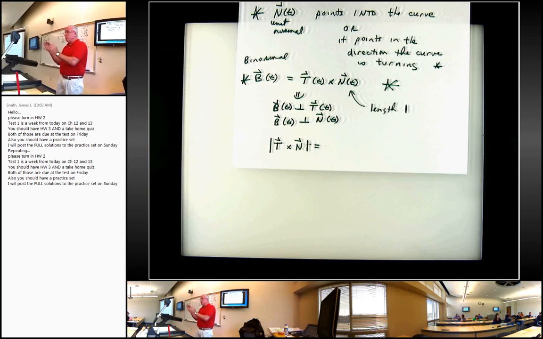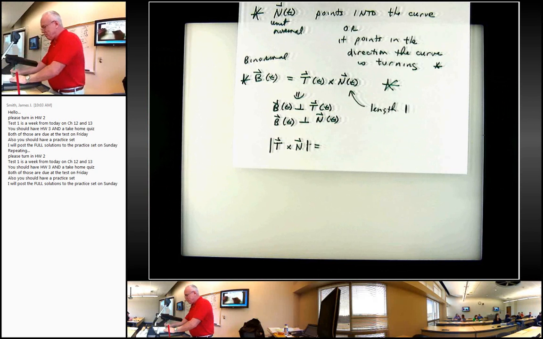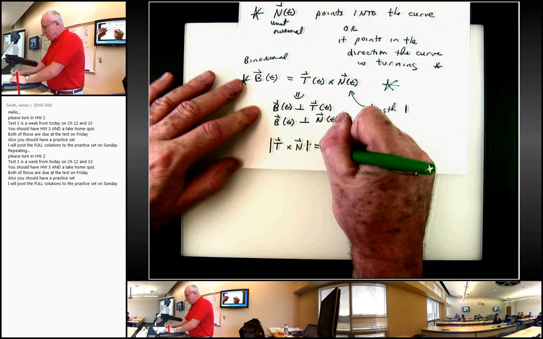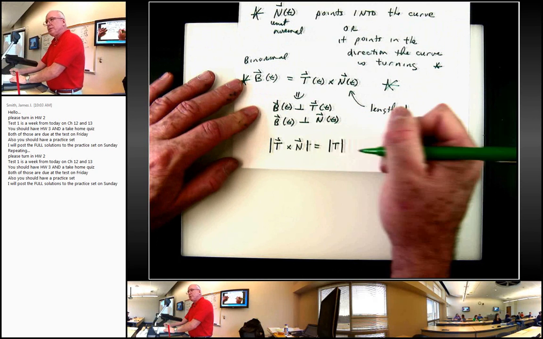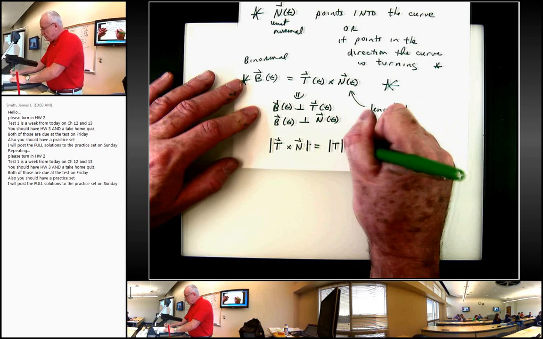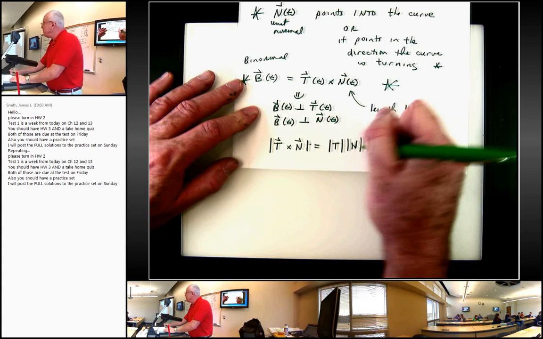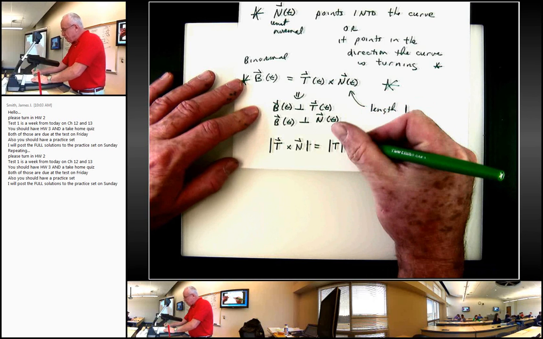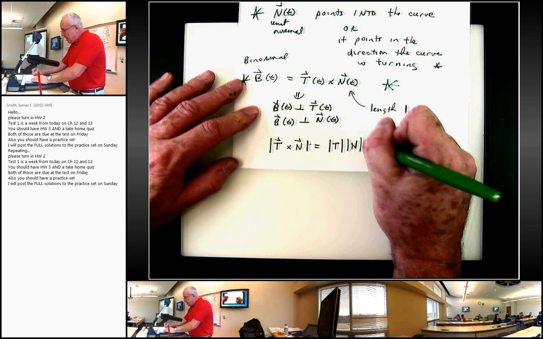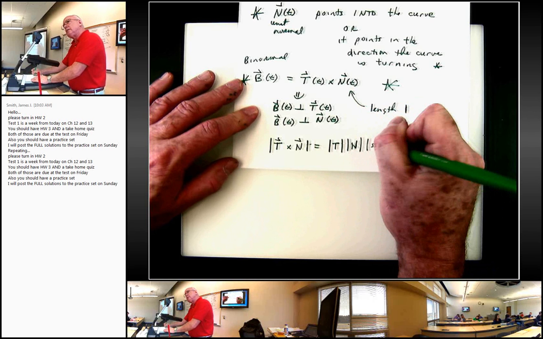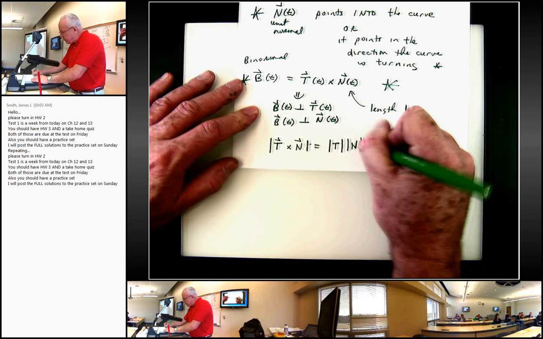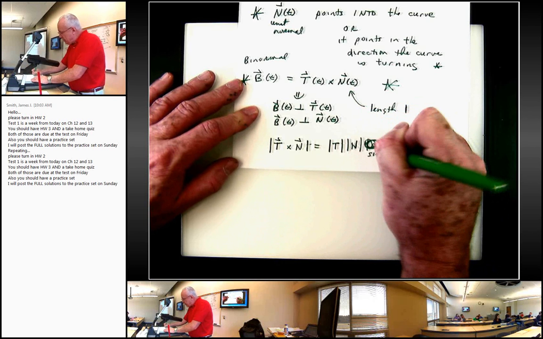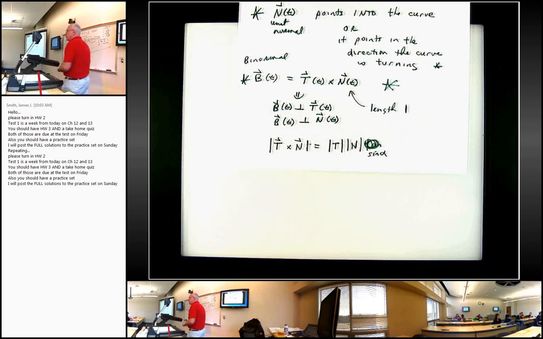Does anybody remember? It's the magnitude of the first vector times the magnitude of the second, times the sine of the angle between the two vectors.